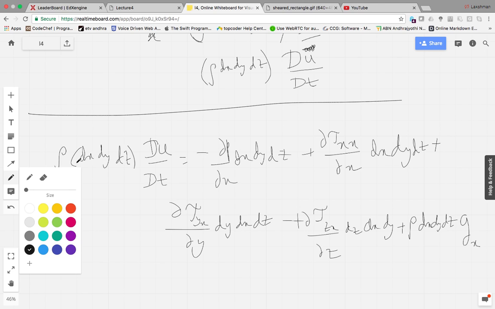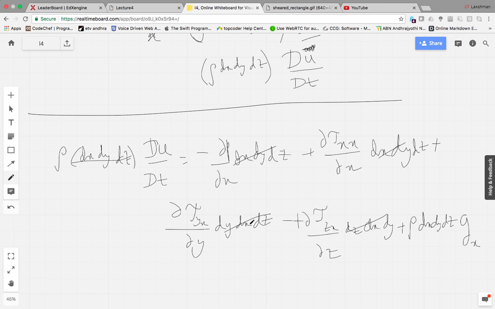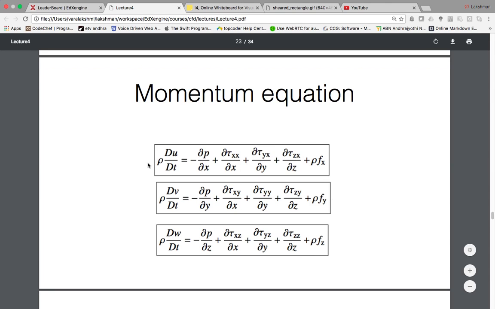So you can simply strike out the common terms. There is a resultant equation here, which is the very first equation.